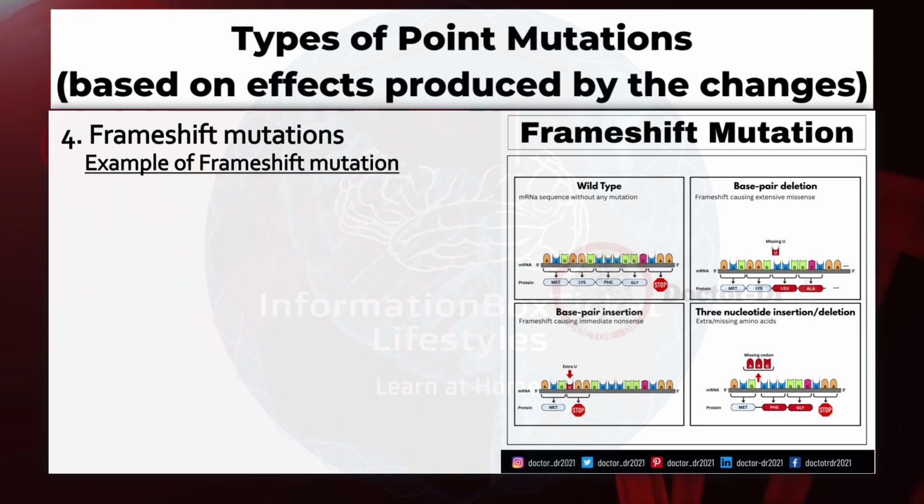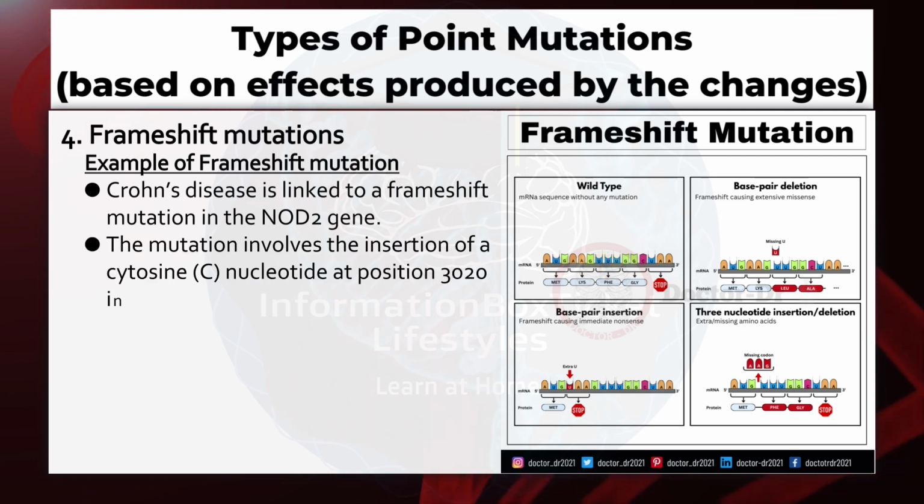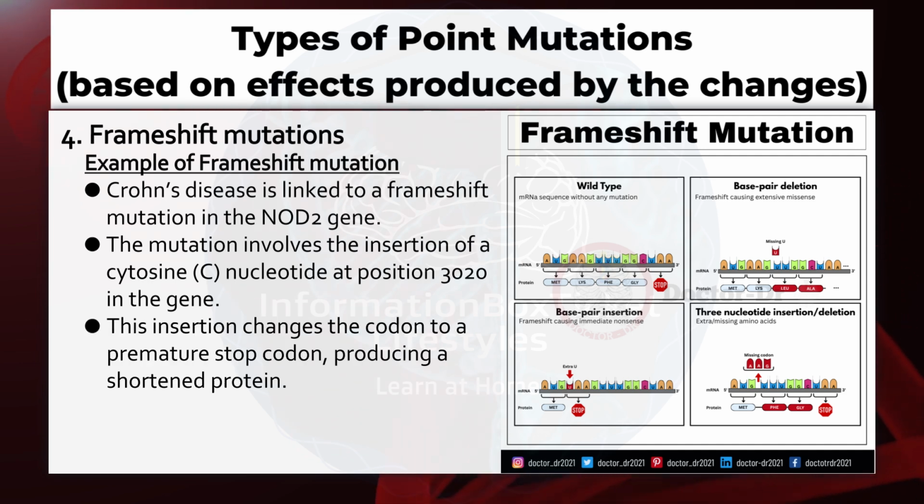Example of frameshift mutation. Crohn's disease is linked to a frameshift mutation in the NOD2 gene. The mutation involves the insertion of a cytosine nucleotide at position 3020 in the gene. This insertion changes the codon to a premature stop codon, producing a shortened protein.